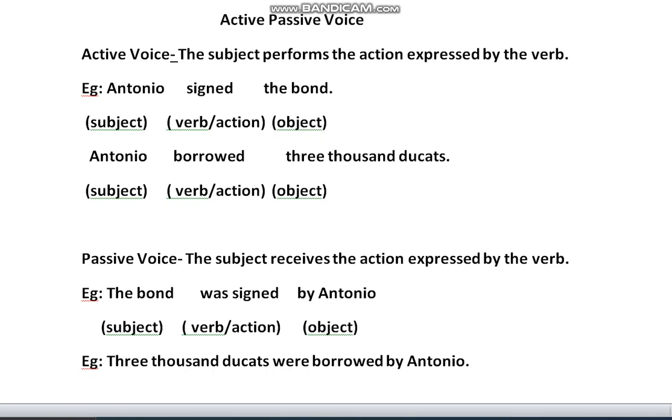In transformation of sentences, you often get sentences which have to be converted from active voice to passive voice or vice versa.